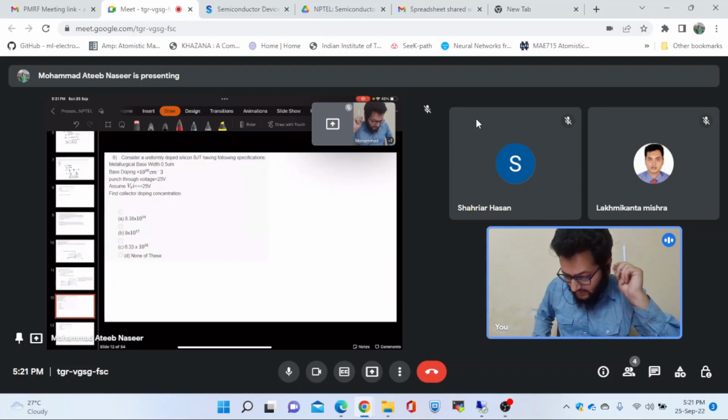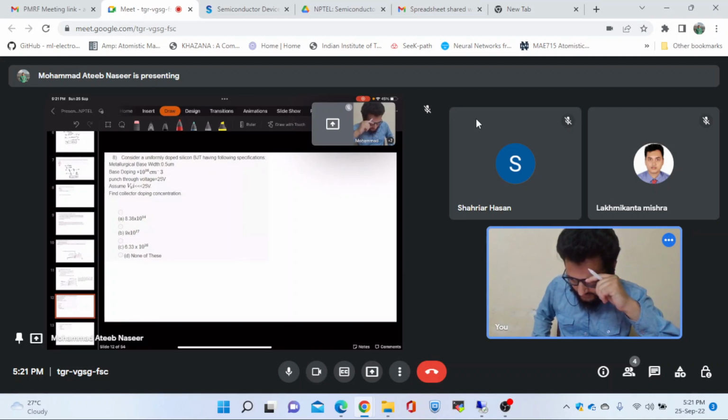Now there is another problem regarding this BJT. It says that we have to consider a uniformly doped BJT with these specifications, where the base width is equal to 0.5 micrometer, and the doping for the base region is 10 to the power of 6.